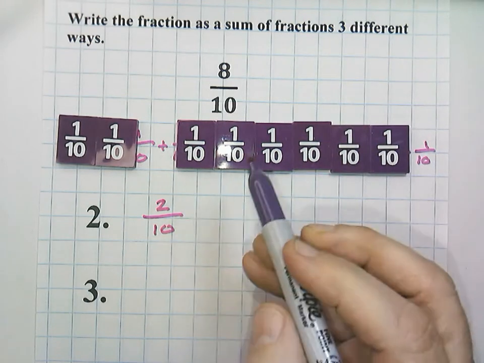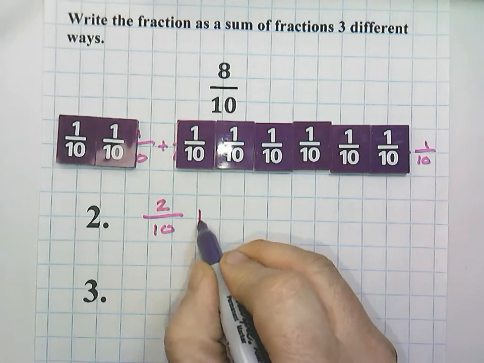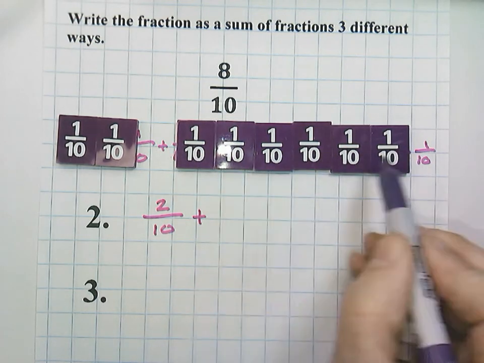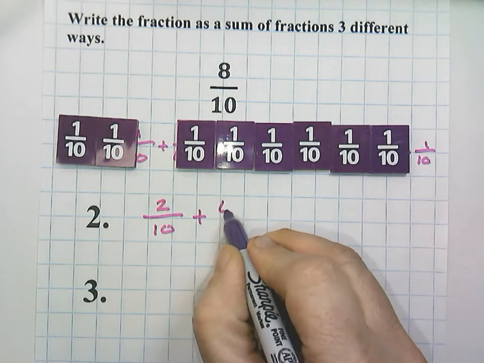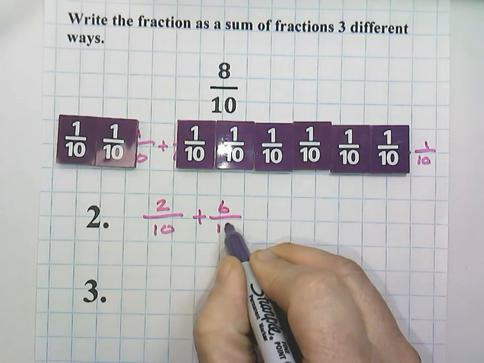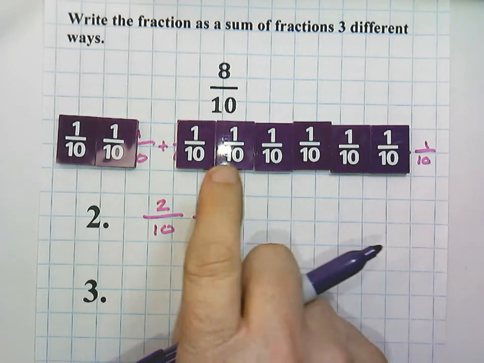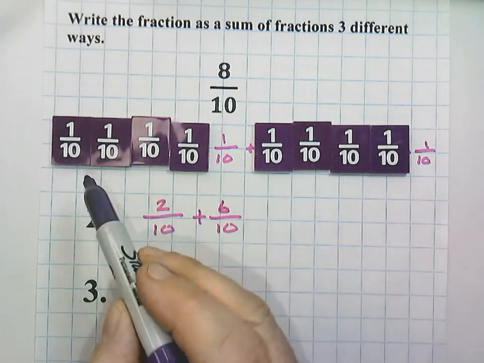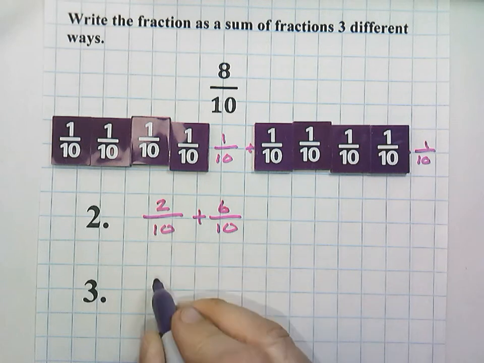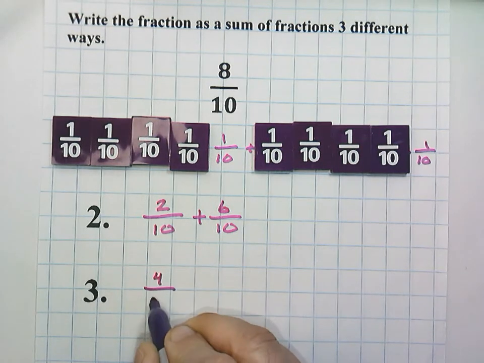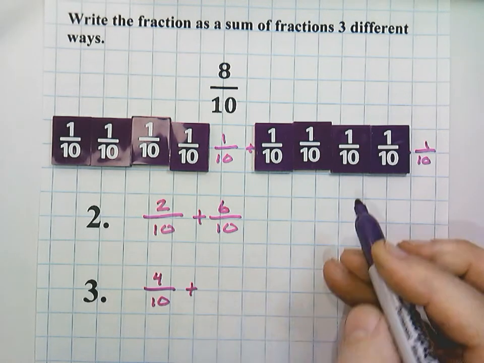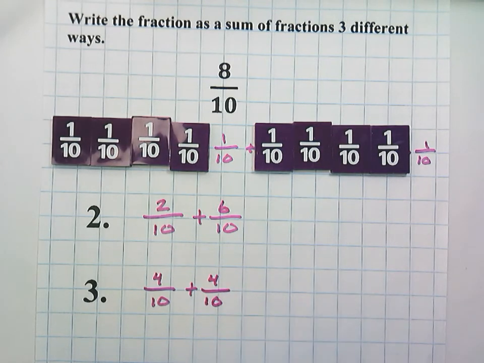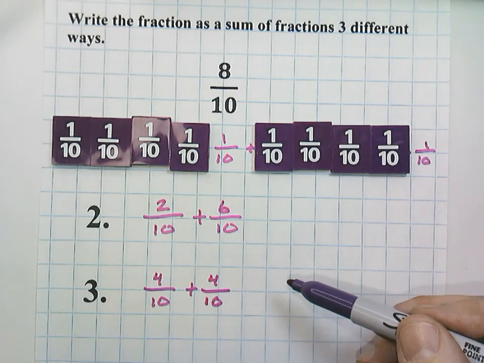So in this case, 2/10 plus 1, 2, 3, 4, 5, 6 unit fractions, which would equal a total of 6/10, would be a second way. And really, we could do it any number of ways, but let's go with 4 tenths plus 4 tenths over on this side as well.